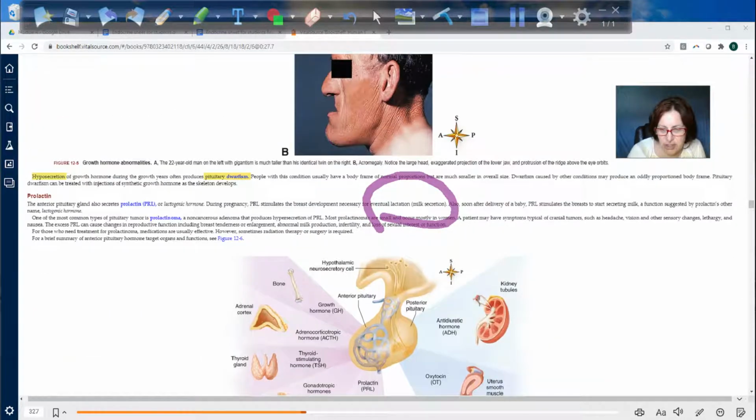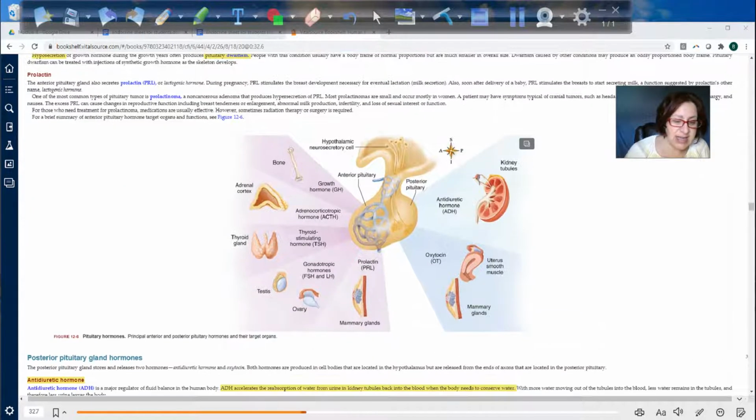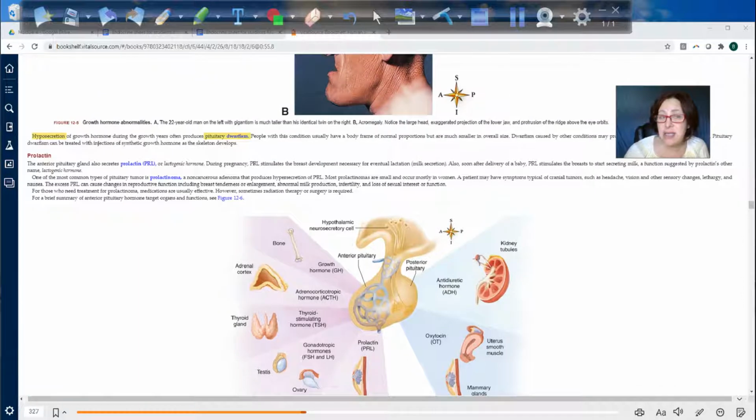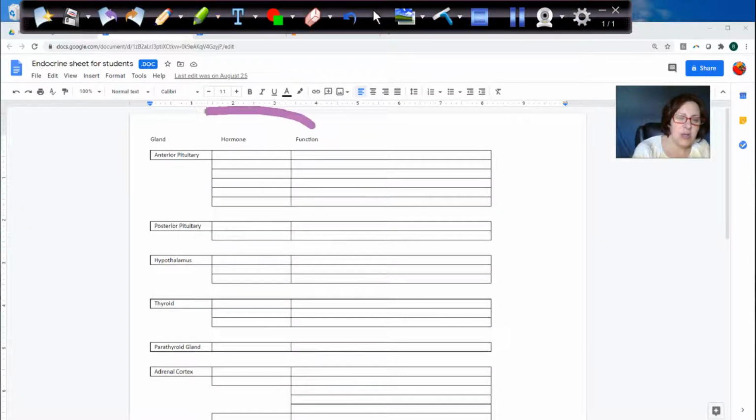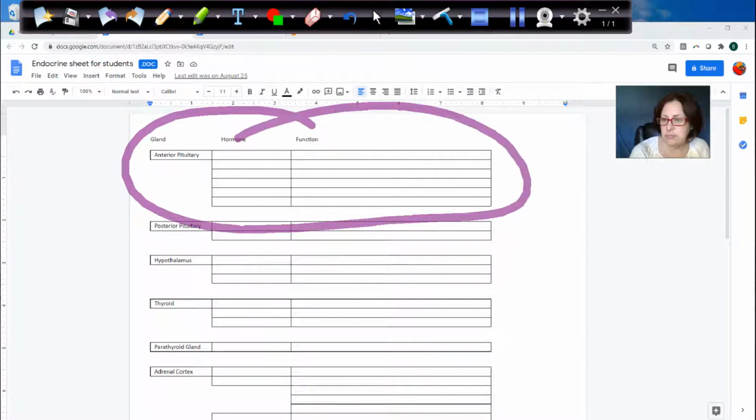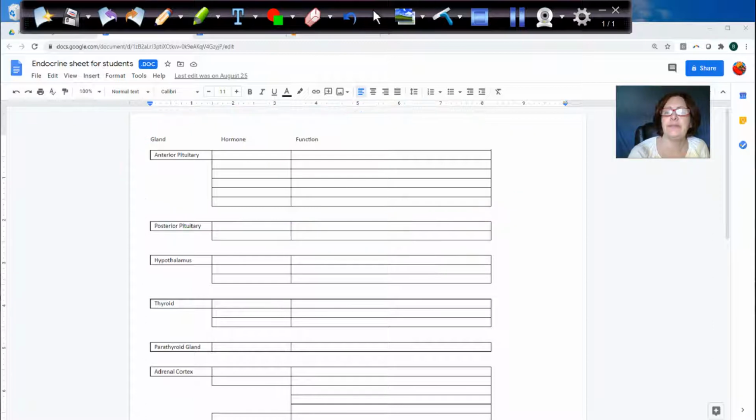It doesn't even mention what it does in a man, if it does anything. I'm not sure. Maybe it just doesn't exist in a man. I don't know. It doesn't really say here. Interesting one to research. Okay, so that is the end of the anterior pituitary gland. So you should have this whole section complete now.